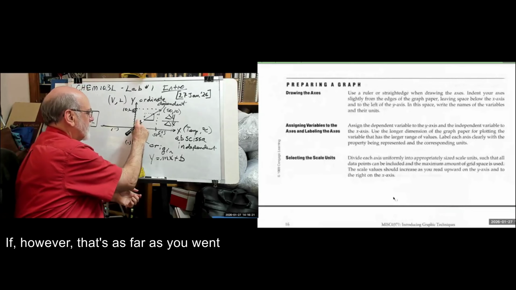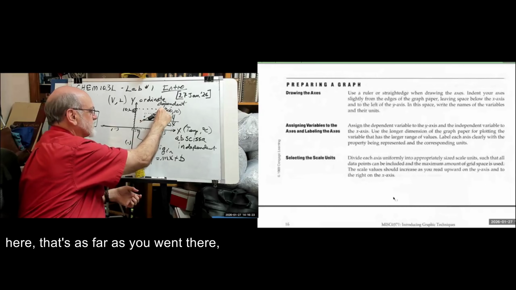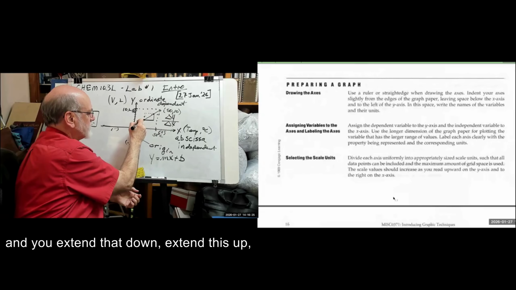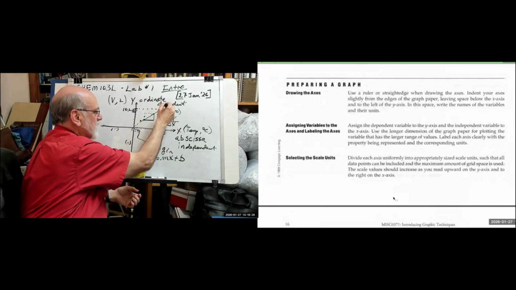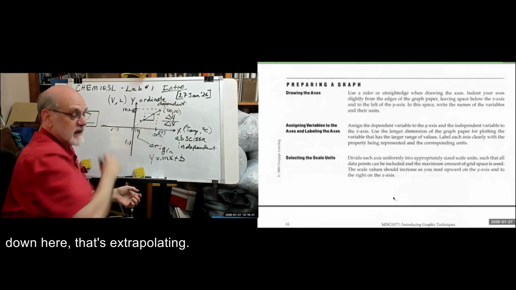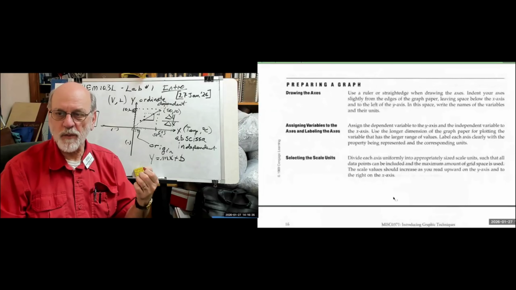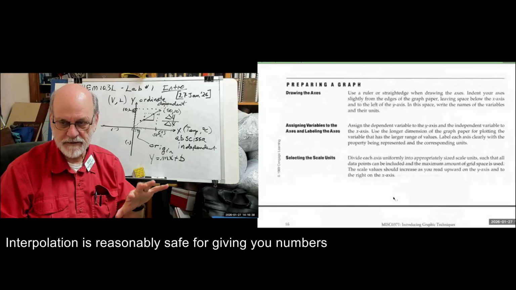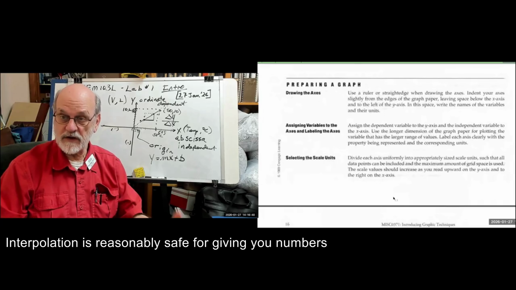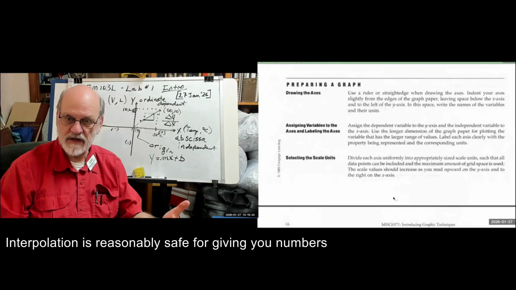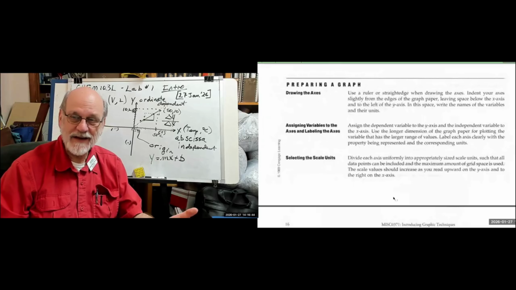If, however, that's as far as you went here, that's as far as you went there, and you extend that down, extend this up, and you pick some value up here or down here, that's extrapolating. Interpolation is reasonably safe for giving you numbers that you can rely upon.